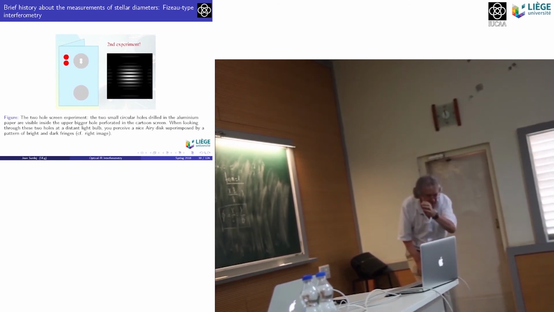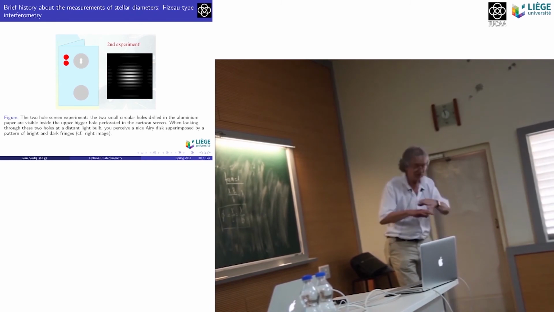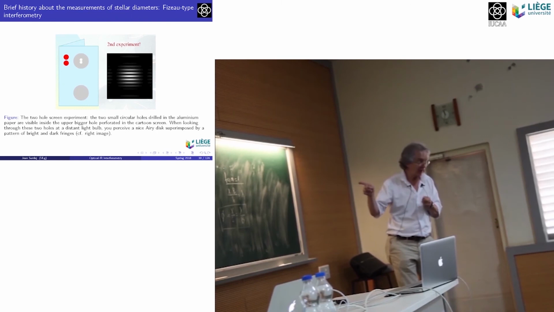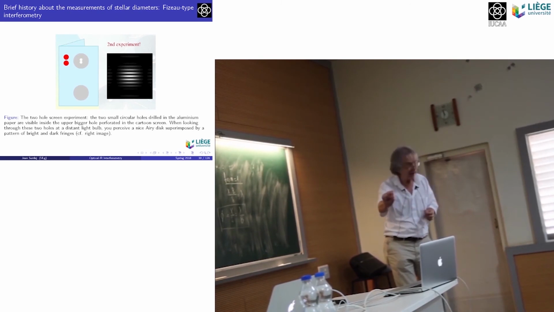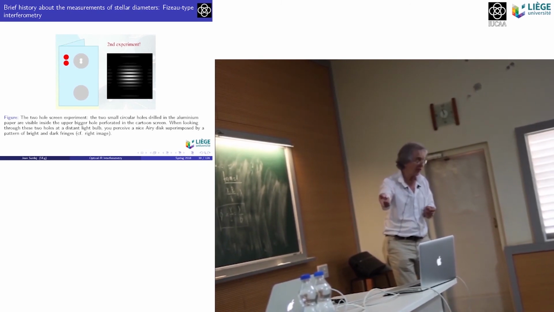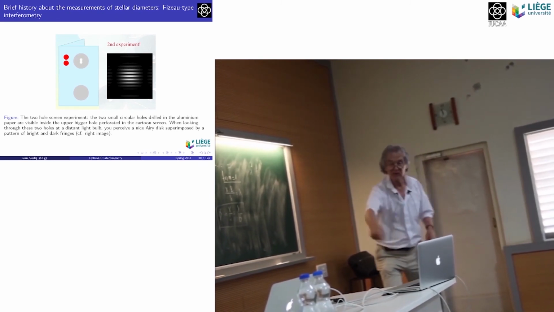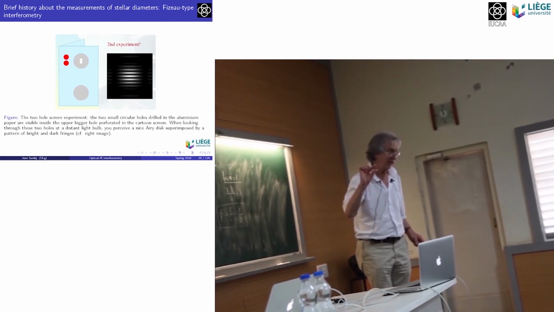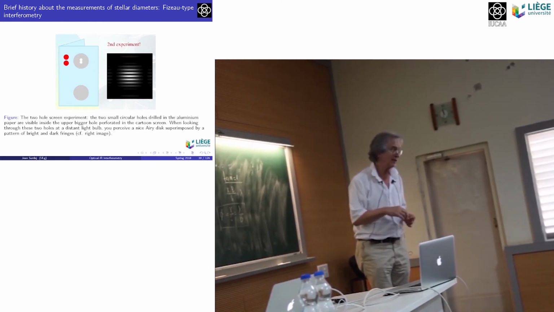Eventually, at a certain distance, you will see the smearing of the fringes, so no fringes anymore. Now you know that if you divide lambda by the distance between your 2 holes, maybe 1 millimeter, you find the angular size of the source of light.